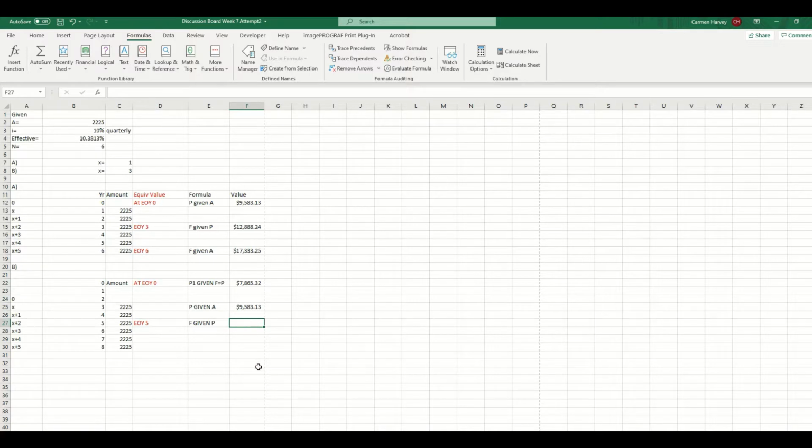We're wanting to know what the future value is given P. So we're going to use this P value, since that's at 0, and then we're going to go all the way up to 5. So that would leave us having the N at 5 in this case.